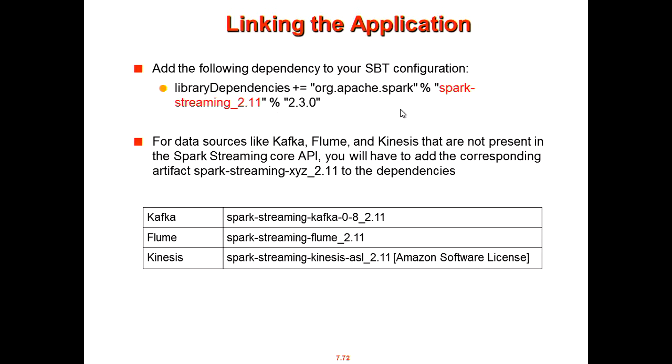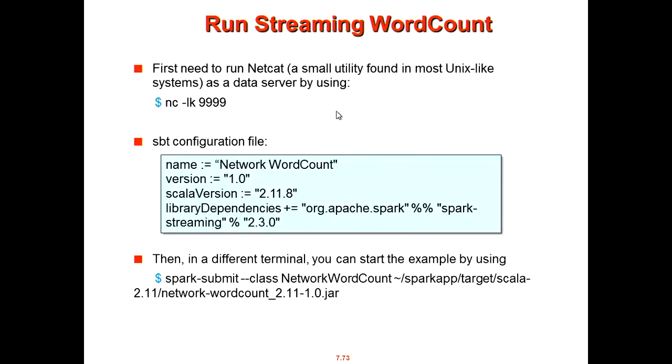So previously we used Spark core for the word count, but here it's a streaming word count. We use Spark streaming. We also need to give the version number. And we also need to define data sources. But here I will skip this because we will not use them in our lab and also in our course.